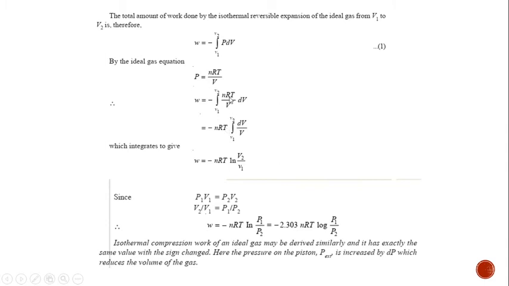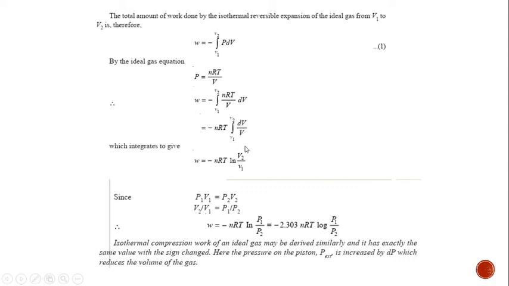As you know, all the constants should be placed outside the integral. So here small n and the ideal gas constant R, and T is also constant, as the operation is isothermal. So putting nRT outside the integral, we are left inside the integral with dV over V.